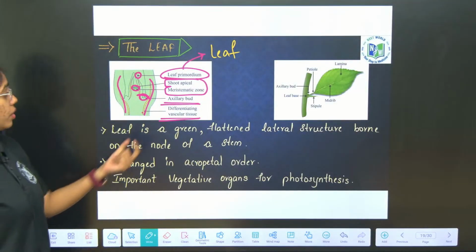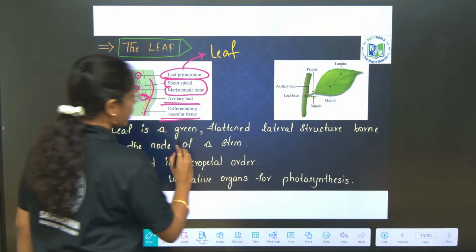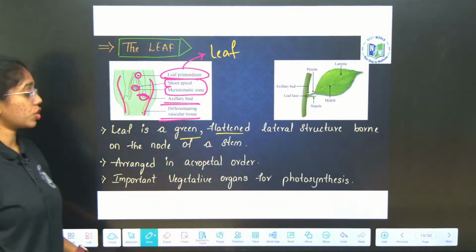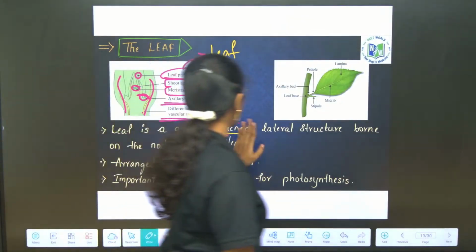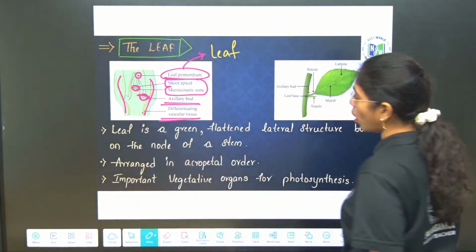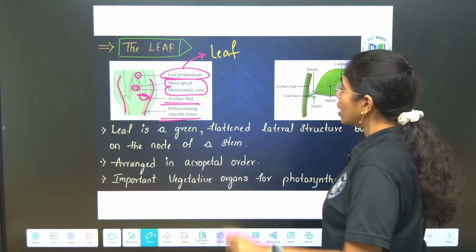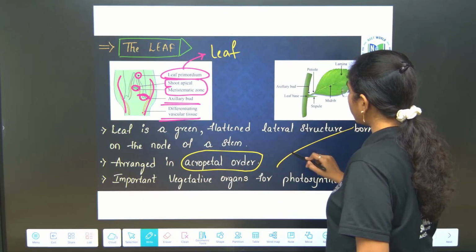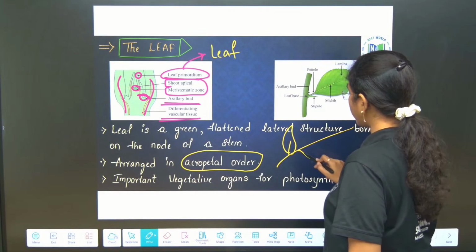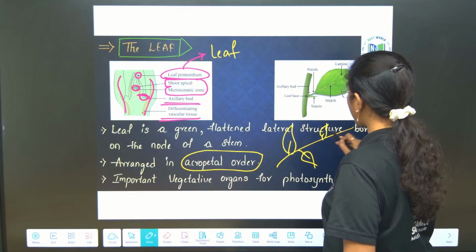Here you can observe the leaf is what? Green flattened lateral structures which are borne on the nodes of the stem. They are arranged in what order? Acropetal order, which means mature leaves are at the bottom and younger leaves are at the top.